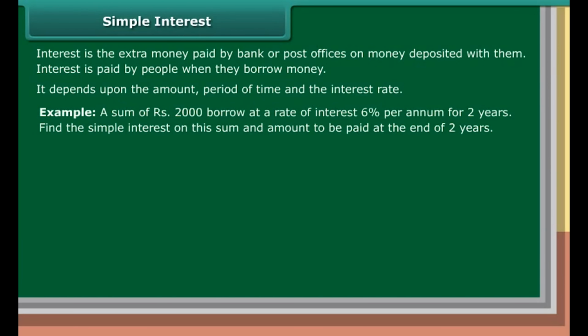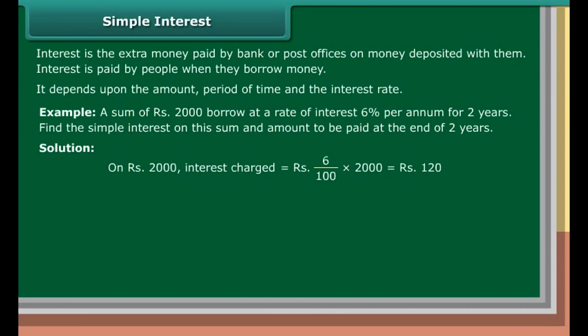Example. A sum of rupees 2000 is borrowed at a rate of interest 6% per annum for 2 years. Find the simple interest on this sum and the amount to be paid at the end of 2 years. Solution. On rupees 2000, interest charged is equal to 6 upon 100 into 2000, which is equal to rupees 120.